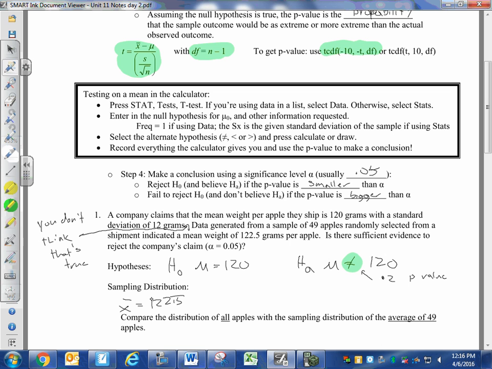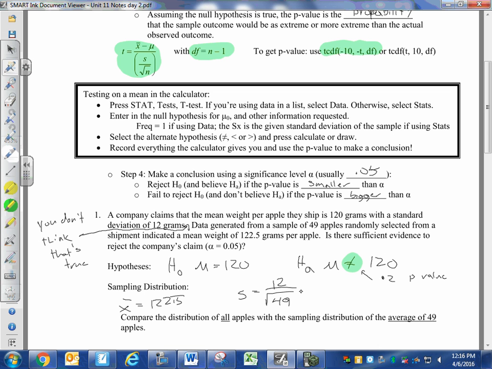You are given your sample standard deviation, or the standard deviation of what you think, 12. So your standard deviation, S, is going to be 12 divided by the square root of our sample size. Our sample size was 49. With this, you can find your t-value, and then you can find your p-value from that t-value.